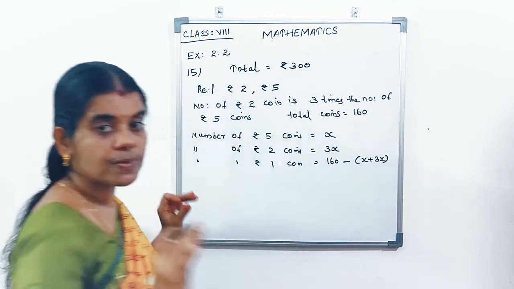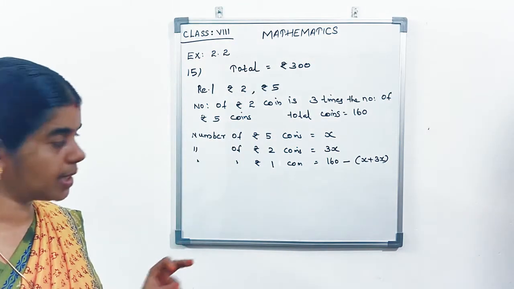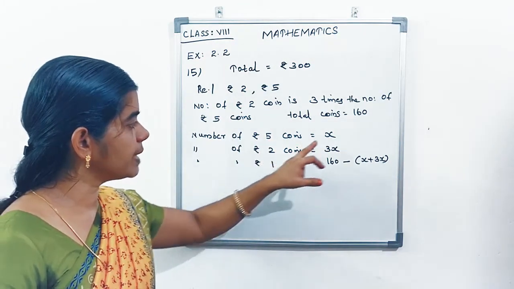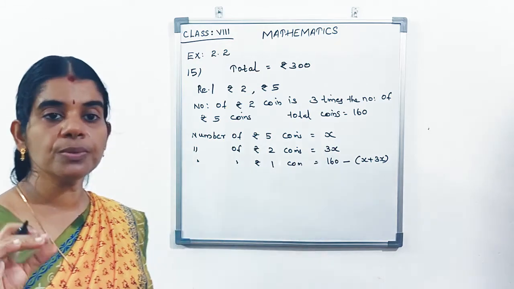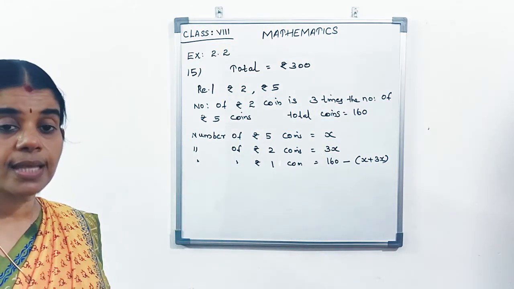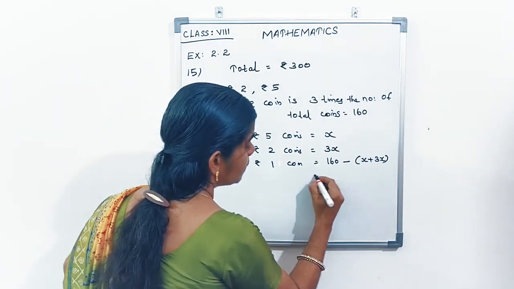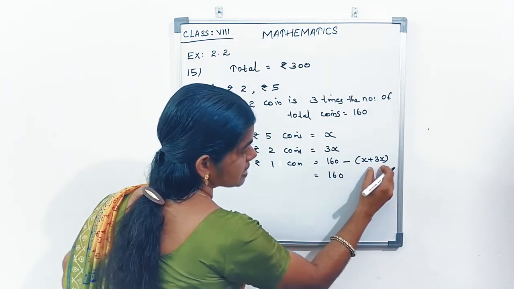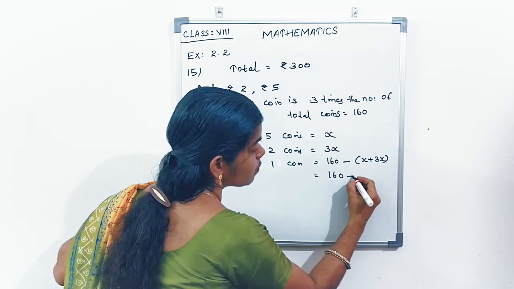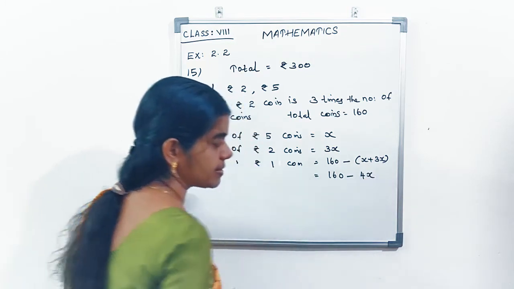X plus 3X means 4X. That is 160 minus 4X.